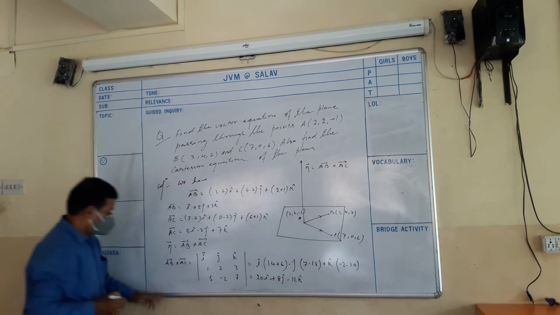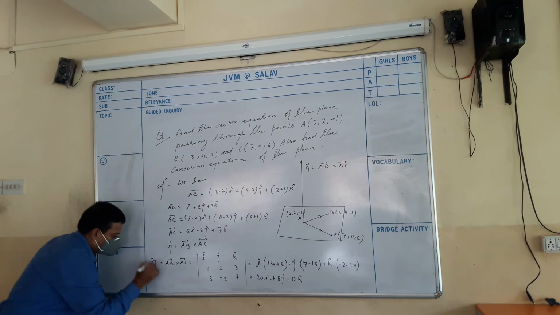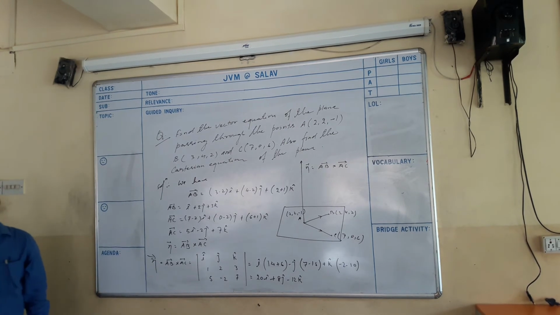So you got vector N equal to 20i plus 8j minus 12k.